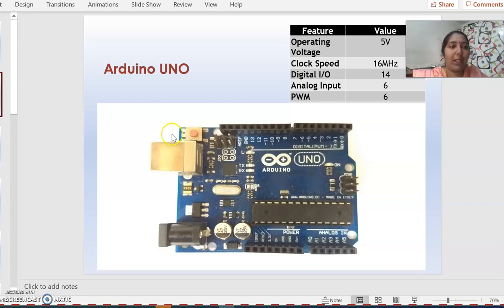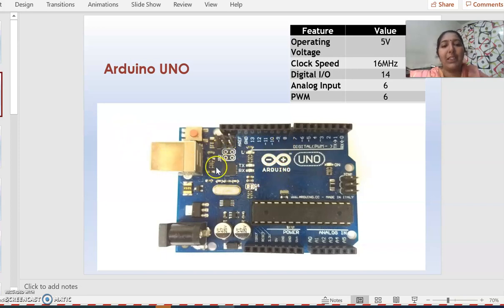So whenever you connect this Arduino Uno board through the USB cable to your system, it performs two things. One is it supplies the power, and the same cable is used to load the program and to provide the serial communication between your IDE and this particular Arduino Uno board.